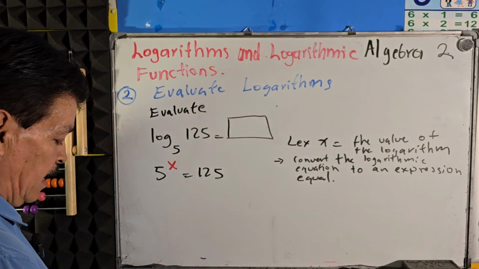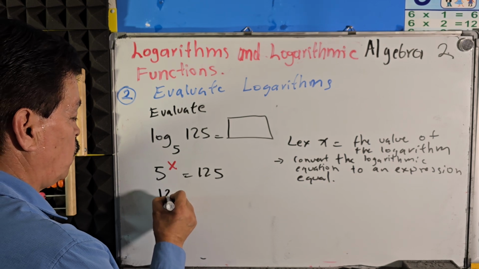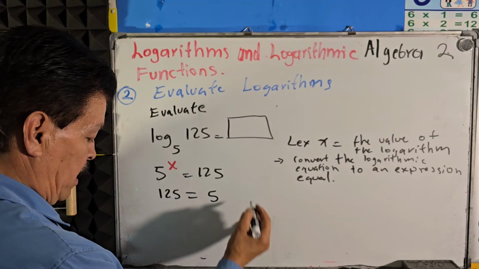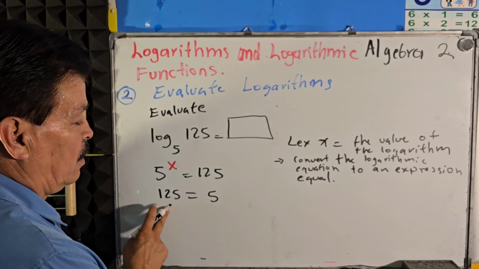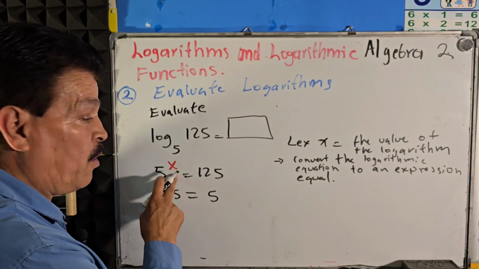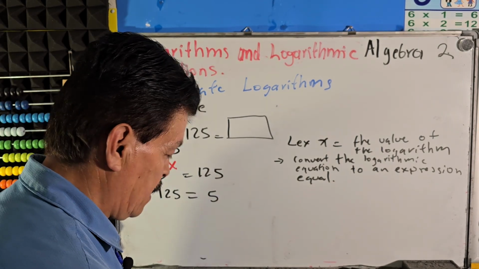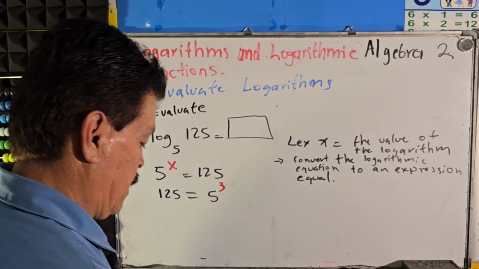Next step, 125 equals 5 to the, which exponent? It will be equal to 3, right? Just write 3 there.